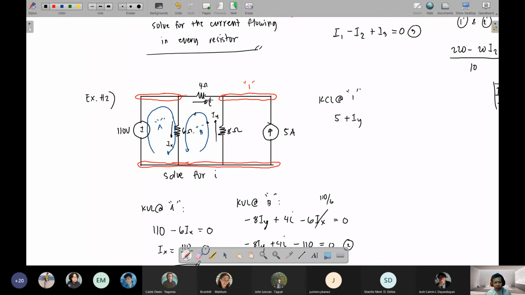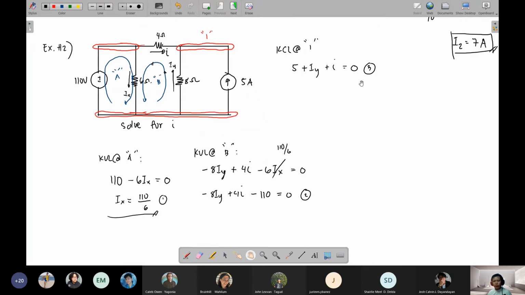Then current I is about to enter node 1, so positive gihapon, so plus I is equal to 0. Okay? So this will be our third equation. So again, we now have 3 equations, 3 unknowns. So this time, we can proceed with step number 5, solve for the unknown currents.